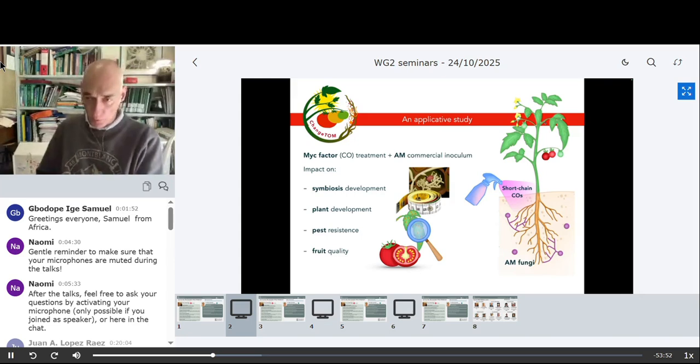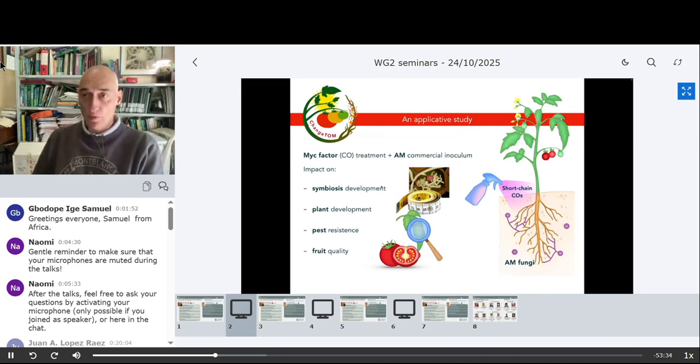So basically, we have been treating the plants with short-chain chito-oligosaccharides and a commercial inoculum. And then we wanted to check the effect of the CO treatment on symbiosis development, on plant development, on its resistance to a fungal pathogen, and the quality of the fruit.